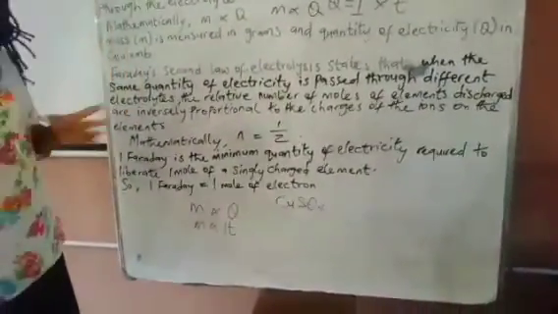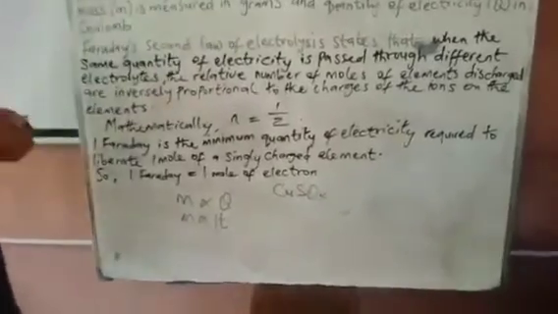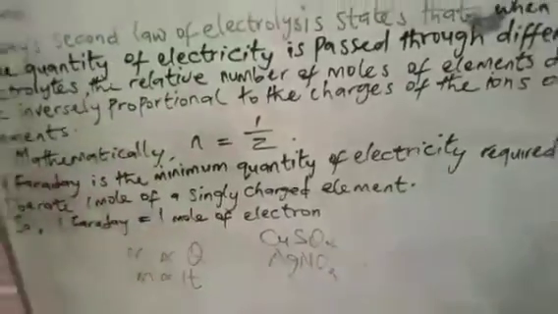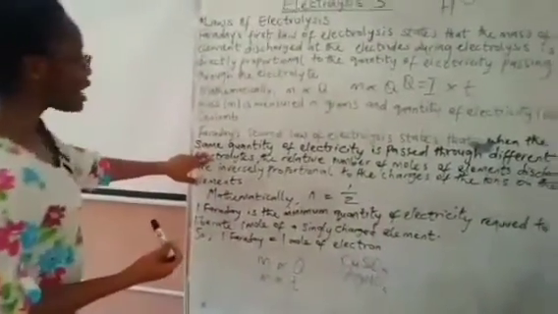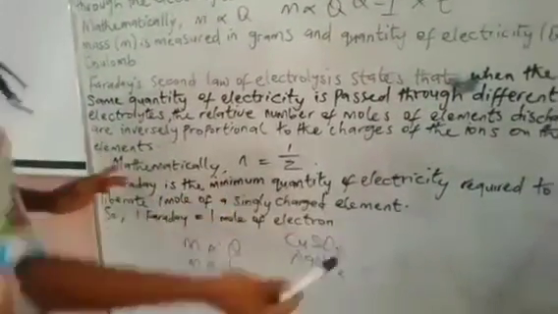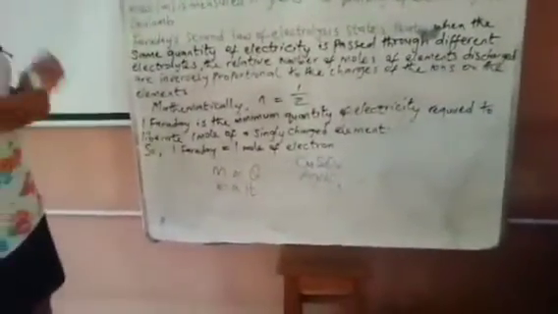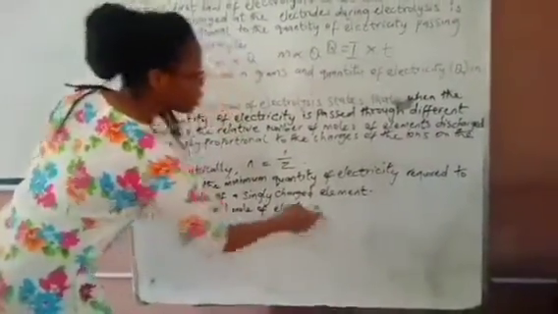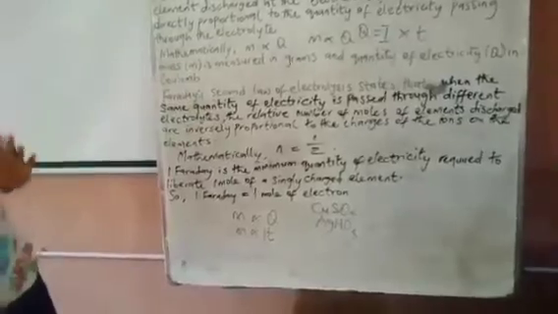For the silver cell, he made use of silver electrodes, that's the anode and the cathode, and then silver nitrate, AgNO3. He prepared a setup in series, and he discovered that if the same quantity of electricity is passed through both cells, and the time is steady for both of them, the number of moles of elements that will be discharged at any of the electrodes is inversely proportional to the charges of the ion.